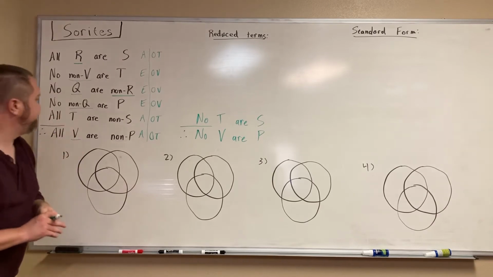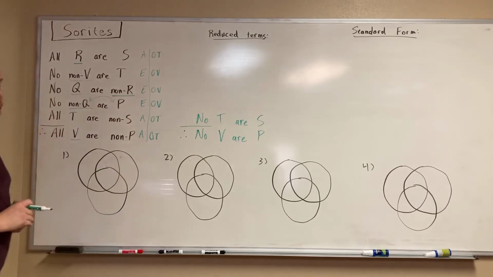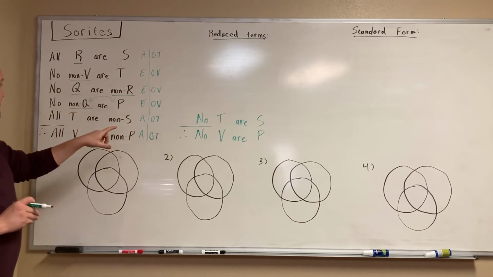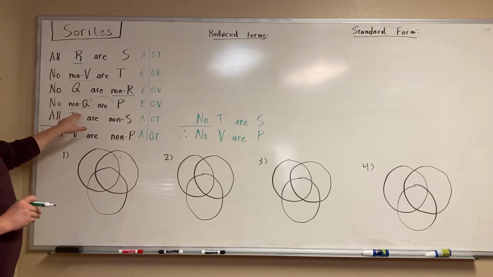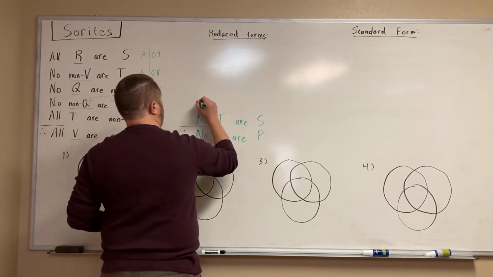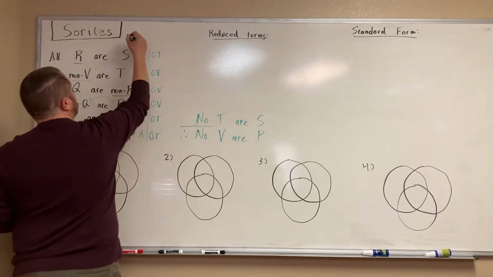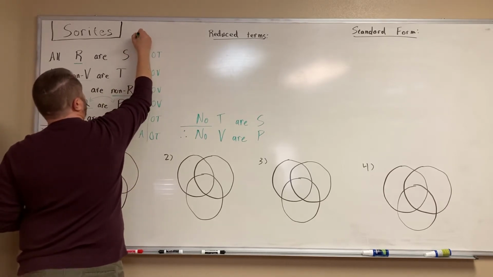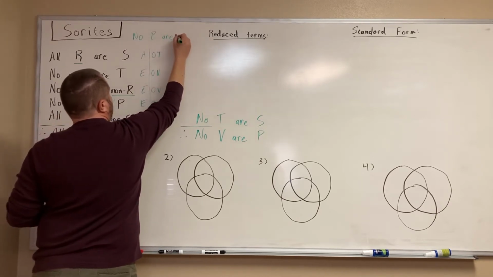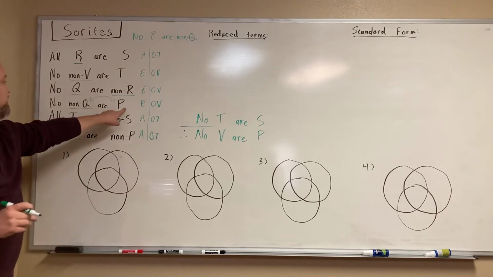So it's going to be, we're going to flip these with conversion, since we can do that with an E statement. So I'm just going to carry it over and do both conversion and obversion. So we would have no P or non-Q. And then that turns into, let's see if there's somewhere I can write this. So I'm just going to write it up here for the moment, just so you can see it. The no P are non-Q. So that's the converse of this.